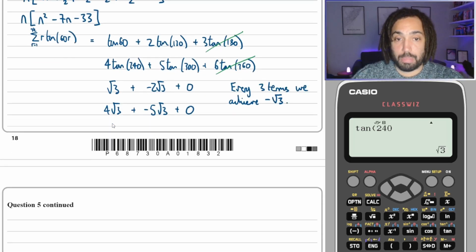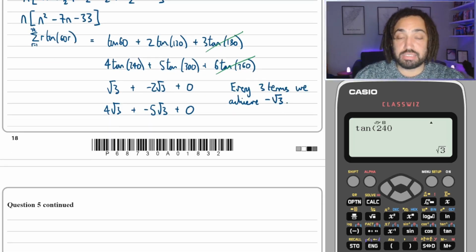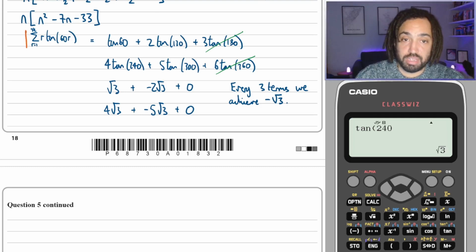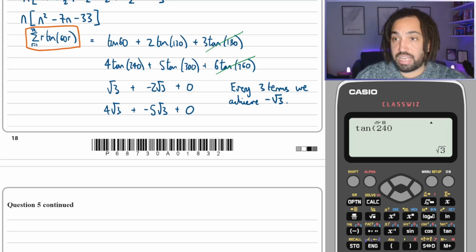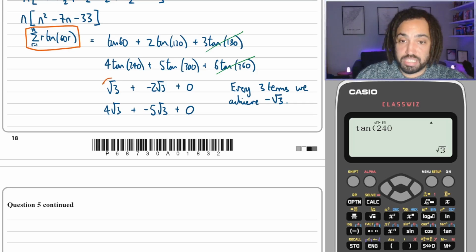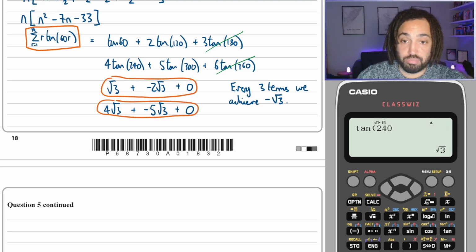Okay. And let's look at the summation. So the summation is up to 3k, which means that if we split it up into groups of 3, there are going to be k lots of groups.